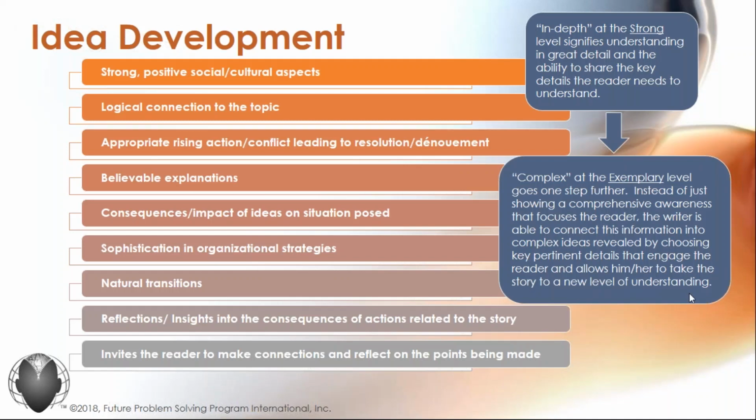It does go one step further. So instead of the comprehensive awareness, the writer's connecting this information to complex ideas that are revealed in those key pertinent details, engaging the reader, allowing him or her to take the story to a new level of understanding.